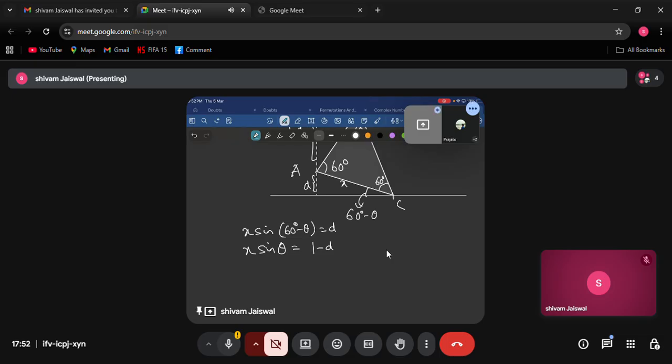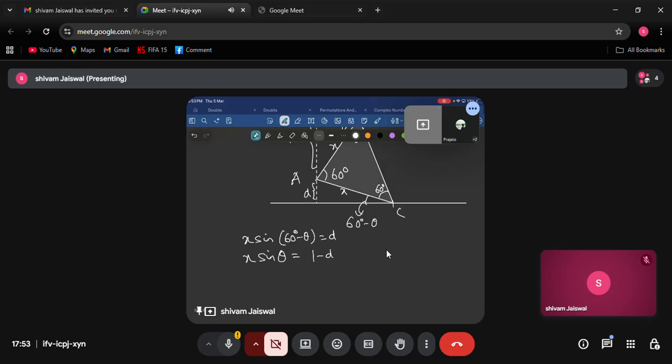But I need to eliminate theta. So let us divide the first equation by the second equation.